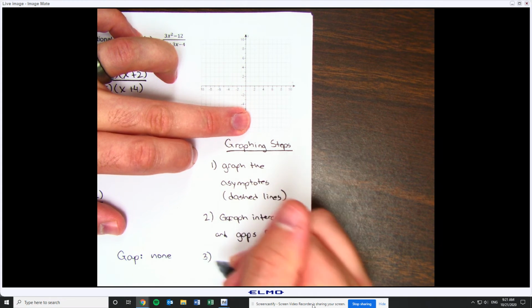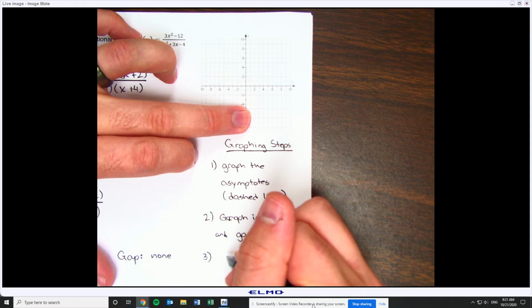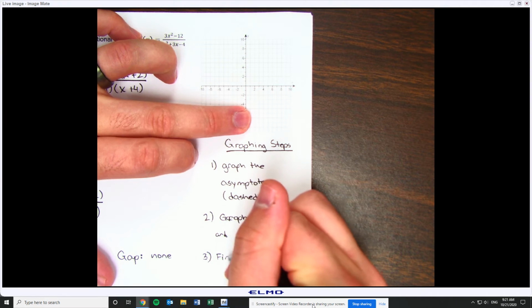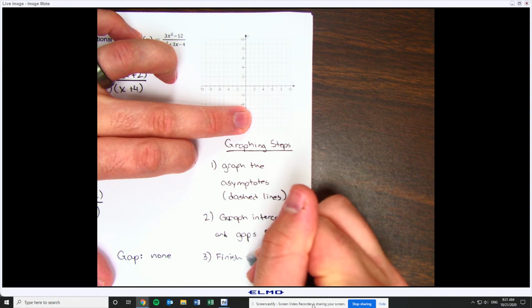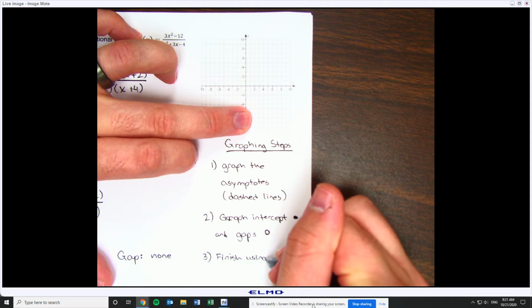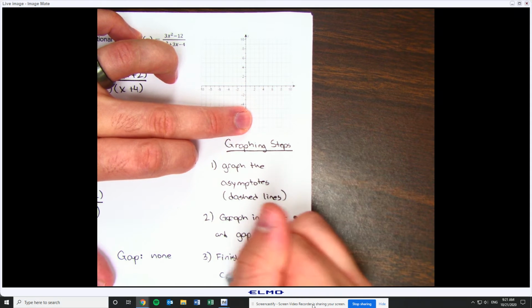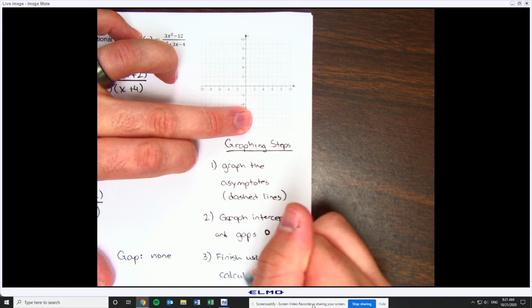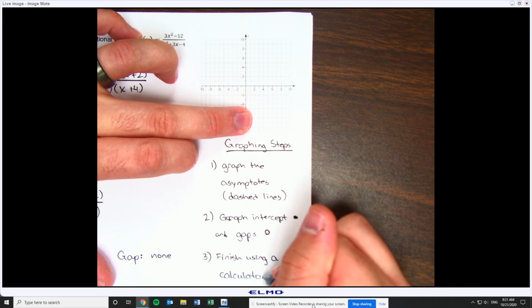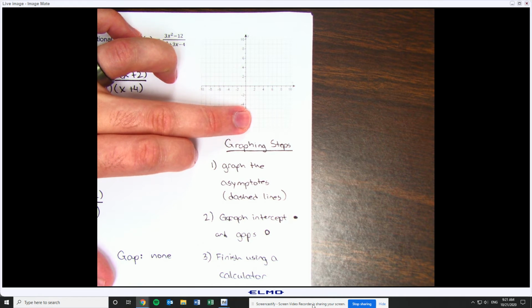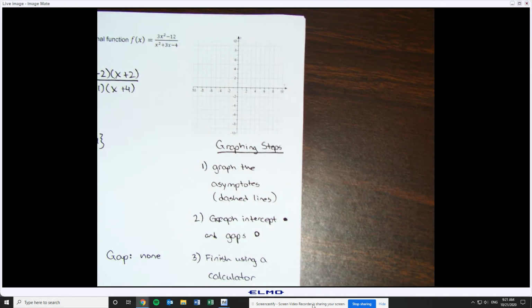The last thing we're going to do is finish using a calculator, because we get a graphing calculator for this, and that'll make it easy.